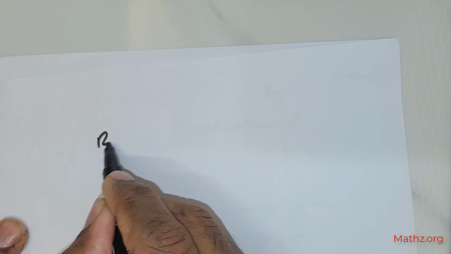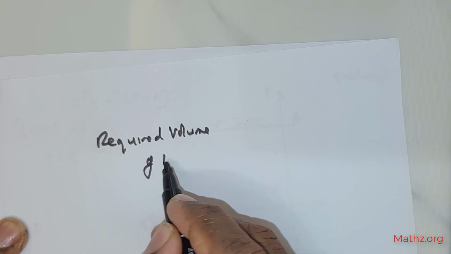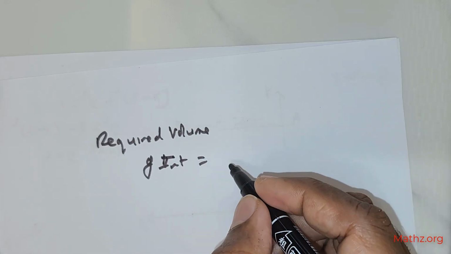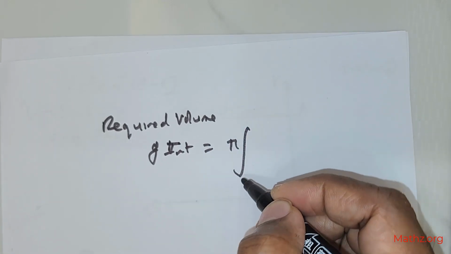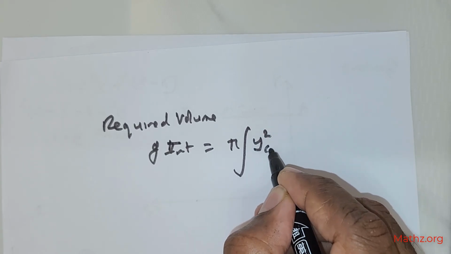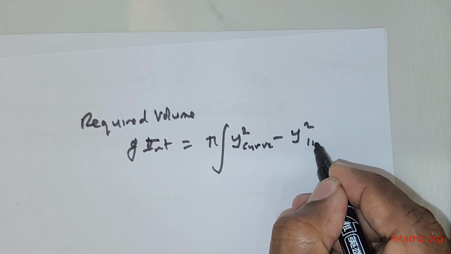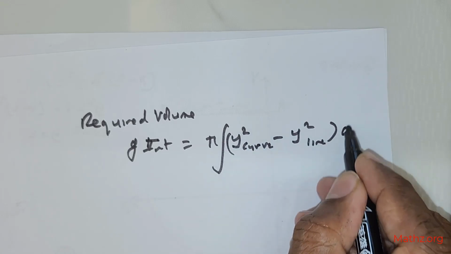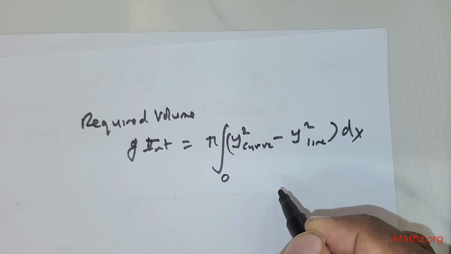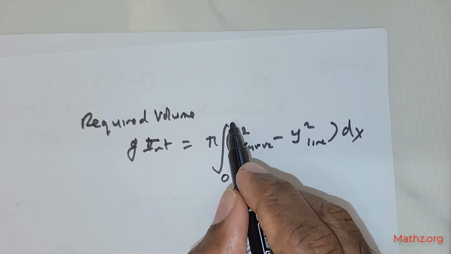So let me move on. So required volume, I'm going to write the formula. Required volume is equal to pi times integral, so this is the equation of the curve. So y squared of the curve minus the line, right, with reference to dx. And the region of integration, the bounds would be above the x-axis, right?